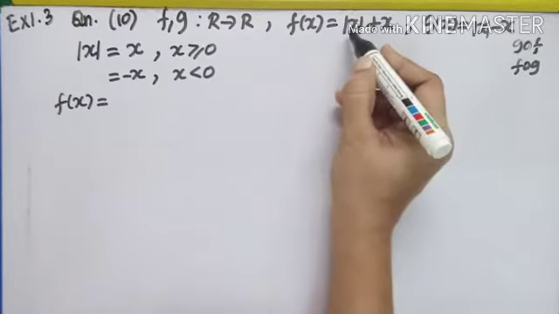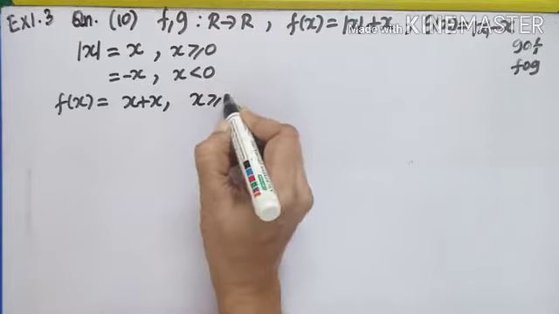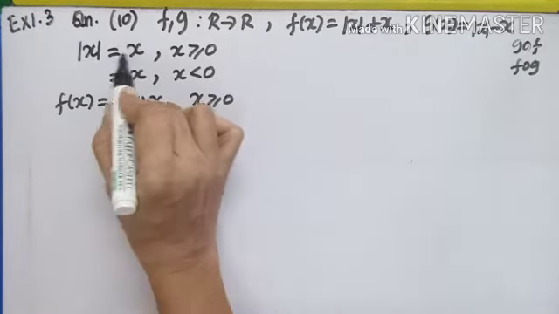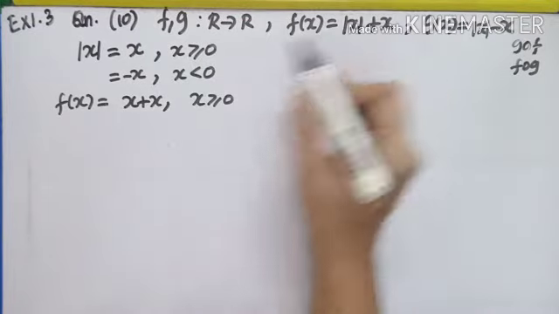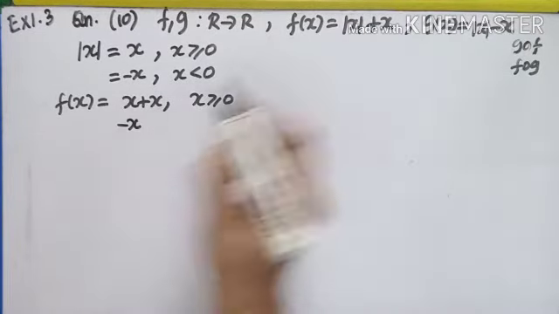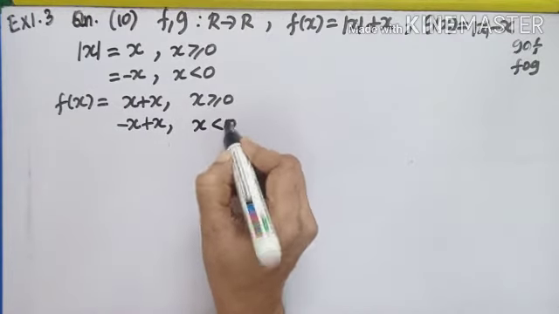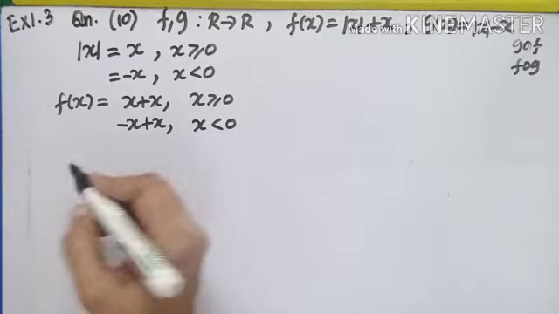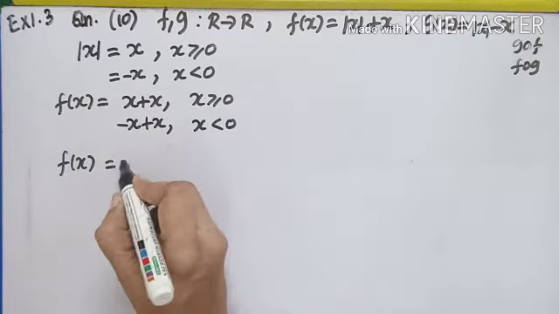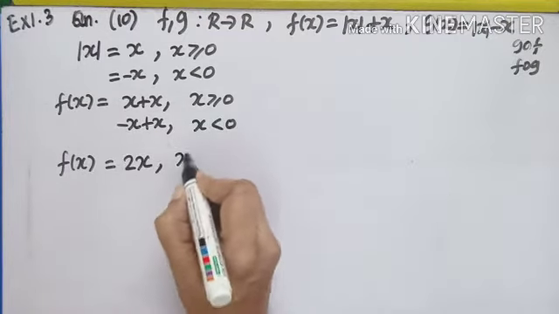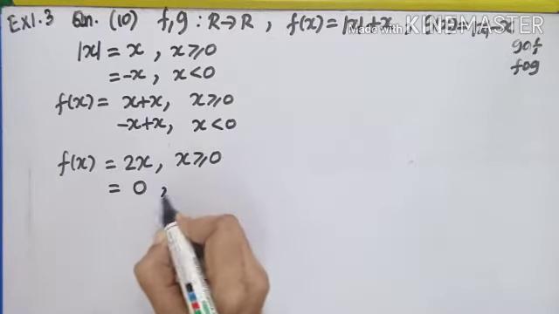I put x plus x if x is positive, because mod x is x when x is positive, and mod x is minus x when x is negative, so there it is minus x plus x. Rearrange this: f of x is equal to 2x when x is positive and 0 when x is negative.